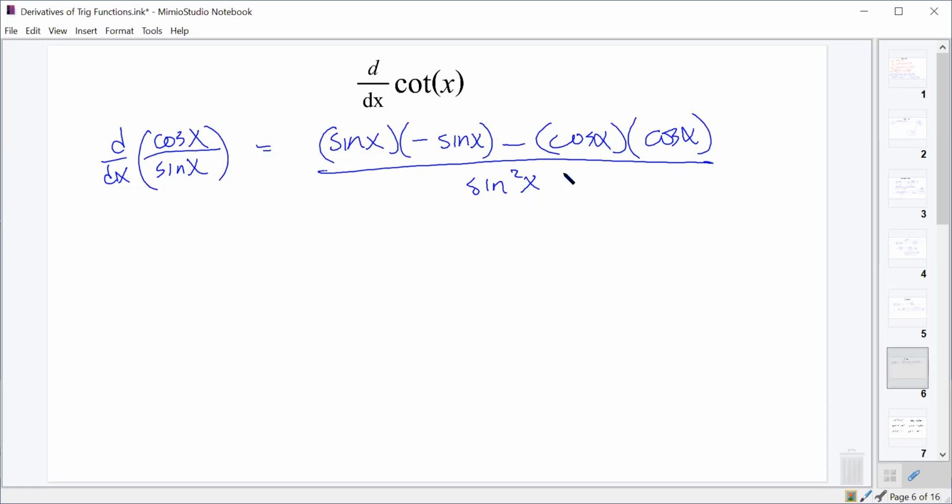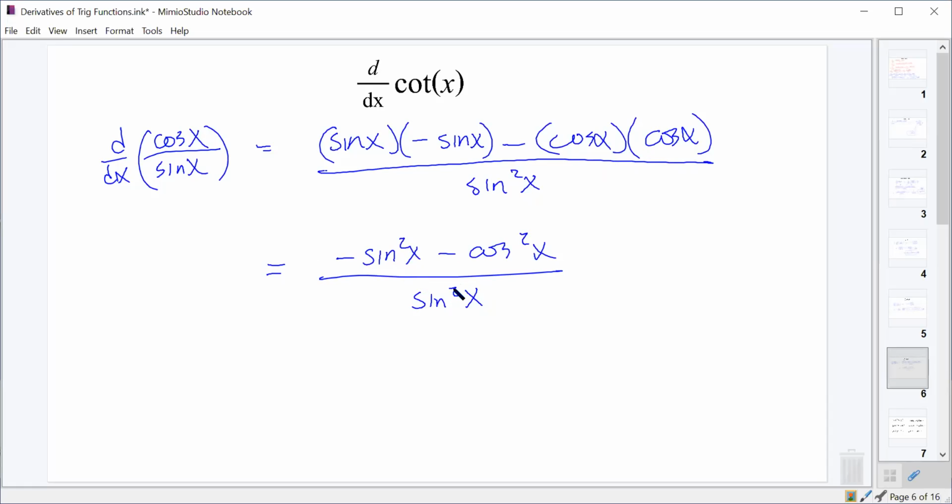Everybody good there? Okay. What does that give us in the numerator? Negative sine squared minus cosine squared over sine squared.